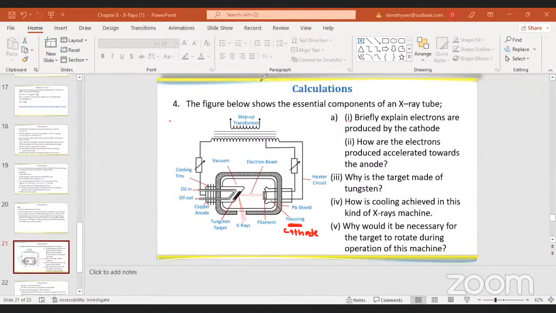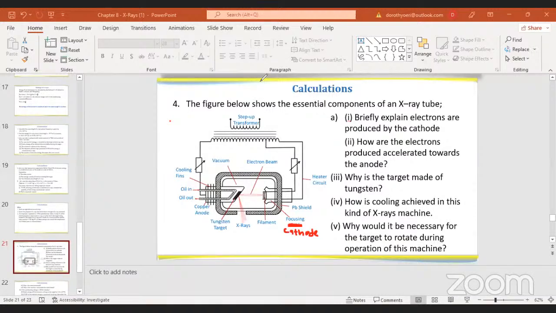Now, how are the electrons accelerated towards the anode? The acceleration is by ensuring that the accelerating potential between the cathode and the anode is different. That will make the electrons be accelerated.